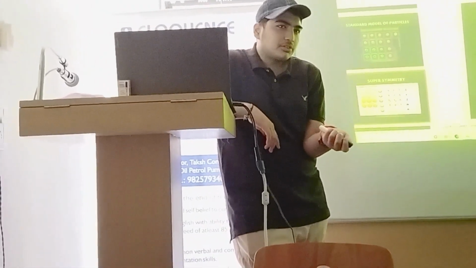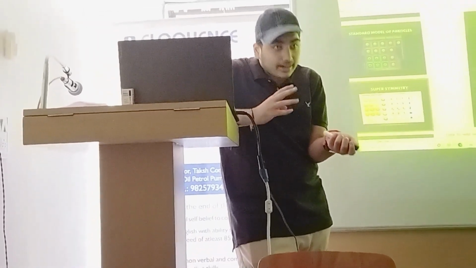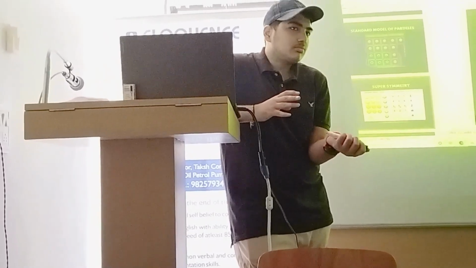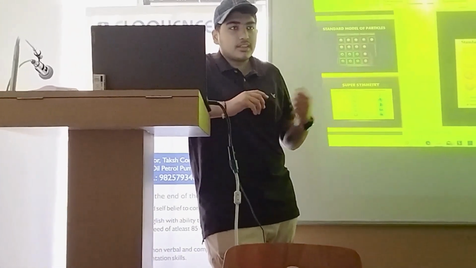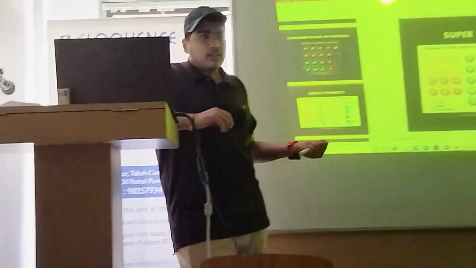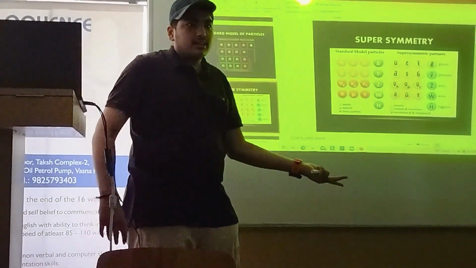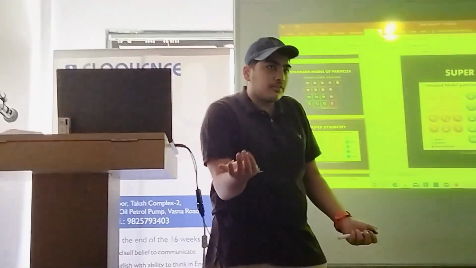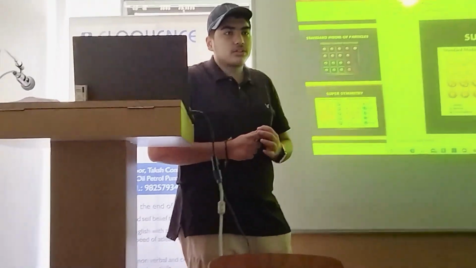So string theory has already shown that constants can be different in different universes. It can happen. I don't get why you're asking why constants are there. String theory already shows that these supersymmetric particles can explain why there could be different values of constants in different universes.